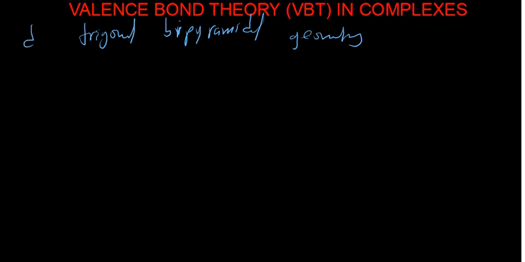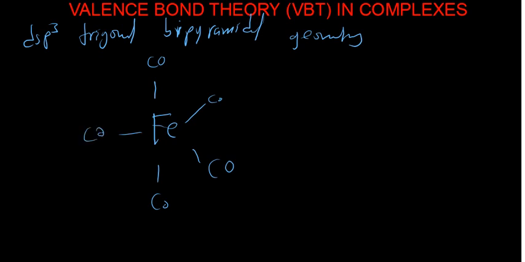Trigonal bipyramidal. How does that look? So we've got iron here. We reacted with CO. You've got CO, then another CO, then CO. We've reacted with 5 things. So this is going to form, first here, something like a triangle, and then on top it comes like that.